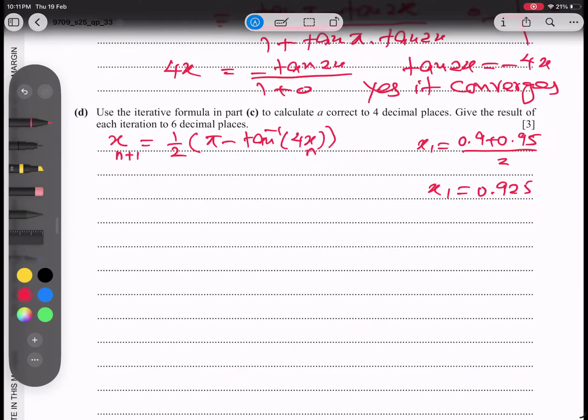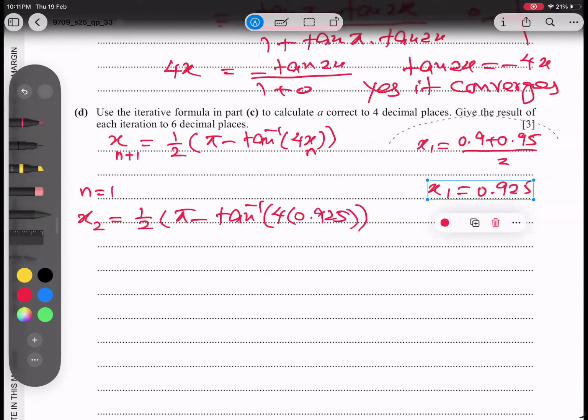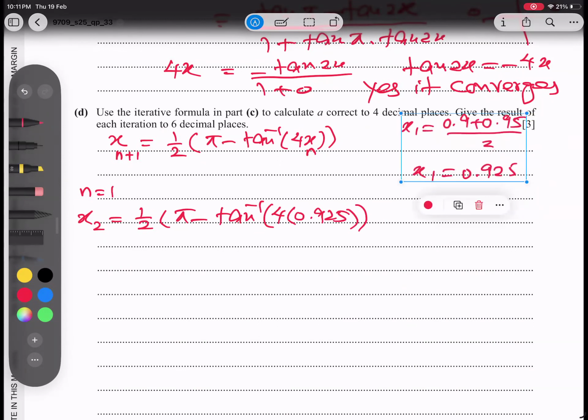Now students, every n is replaced by 1 here and 1 here. So what do I get here? 1 plus 1, I get 2. Half times pi minus tan inverse 4 times x1. This value I'm going to plug in here. So I'm writing in brackets 0.925, close. Hold on, students. Now, what is the value of x2 I'm getting?